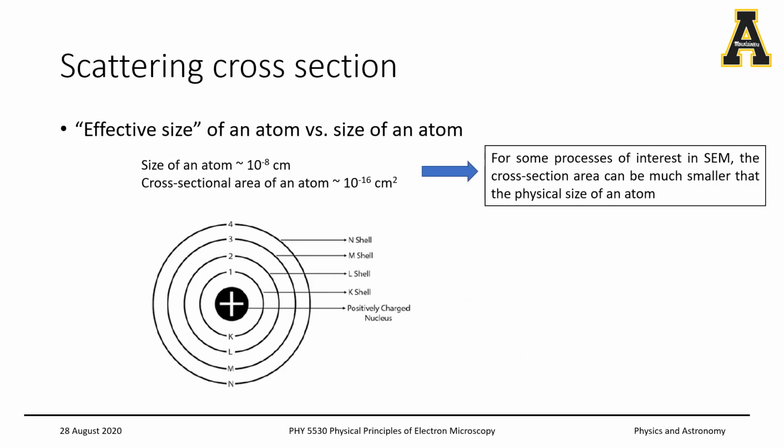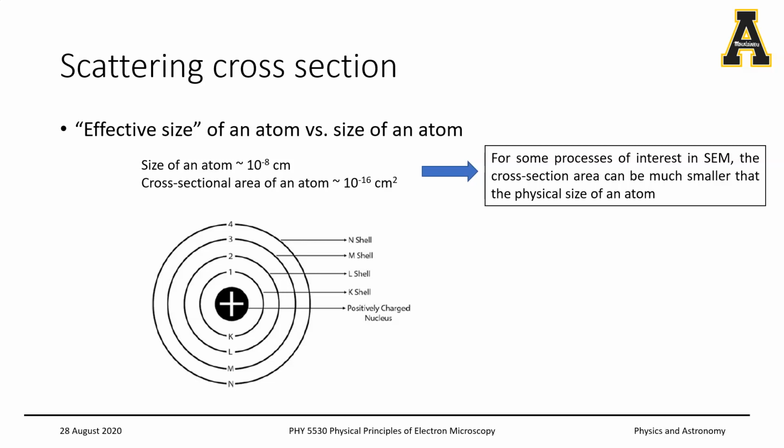Okay, so we are going to rely on the atomic model where you have the nucleus, which is positively charged, and then the electrons orbit around it in their different respective shells. One of the things that I want to highlight here in understanding what cross section is, is that the cross section is not related to the size of the atom at all, right?